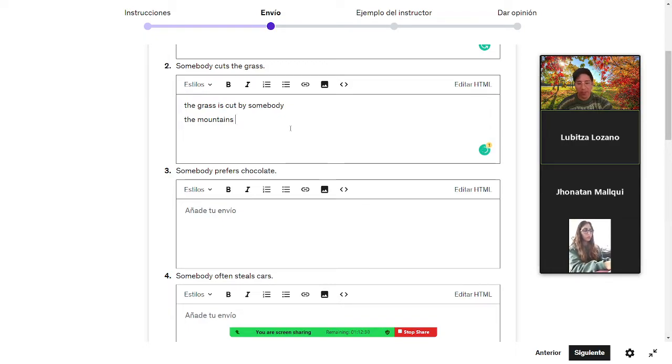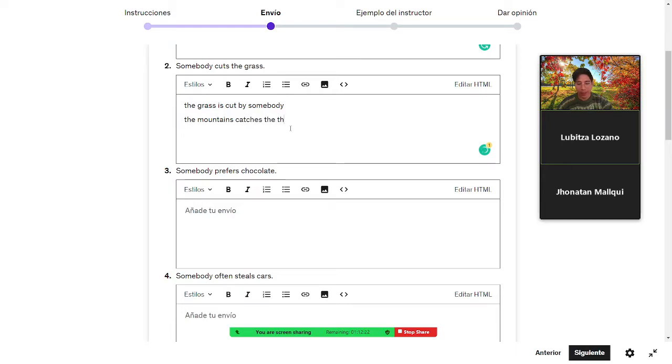The police officers catch the thieves. Dice que los policías atrapan a los ladrones. ¿Cómo sería eso?